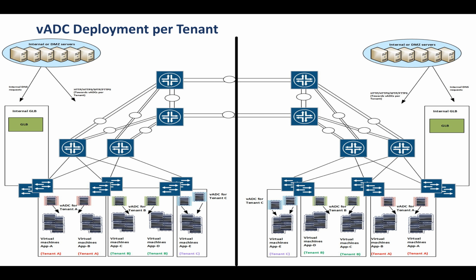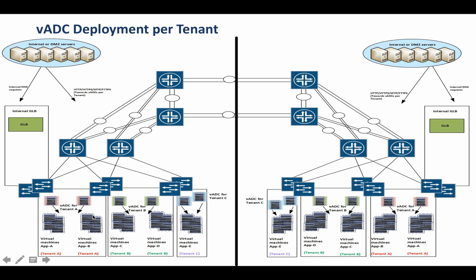Now, if we just had a quick look at this, this is VADC deployment per tenant. So let's quickly talk about what's happening here. Previously you saw tenants and applications. Now, if we look here, we've got tenant A. Within tenant A, we've got app A, app B. Again, you could have a much bigger deployment with lots more apps.